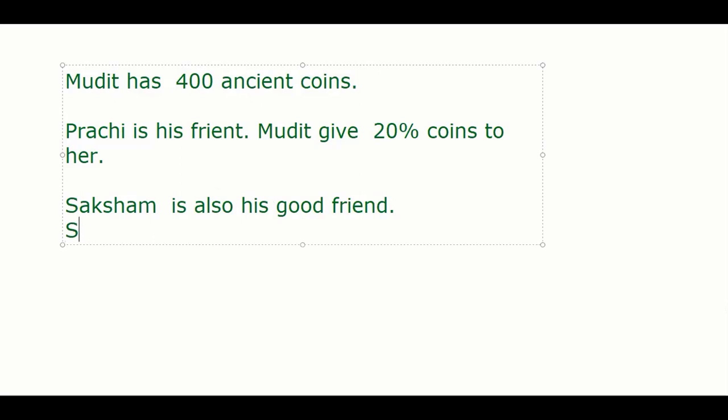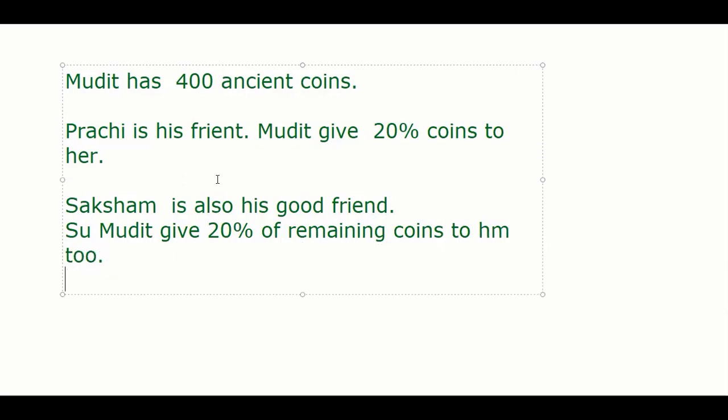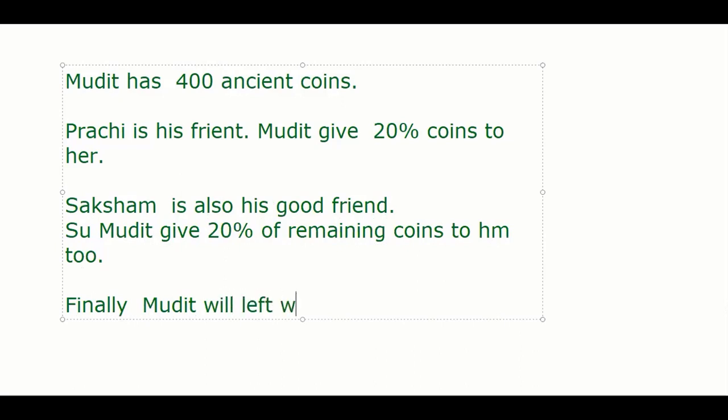So Mudit gives 20% of the remaining coins to him too. Finally, how many coins does Mudit have? Mudit, you will solve and you will explain after 1 minute. Finally, Mudit will be left with how many coins? That is how we have to solve. Okay, everybody?